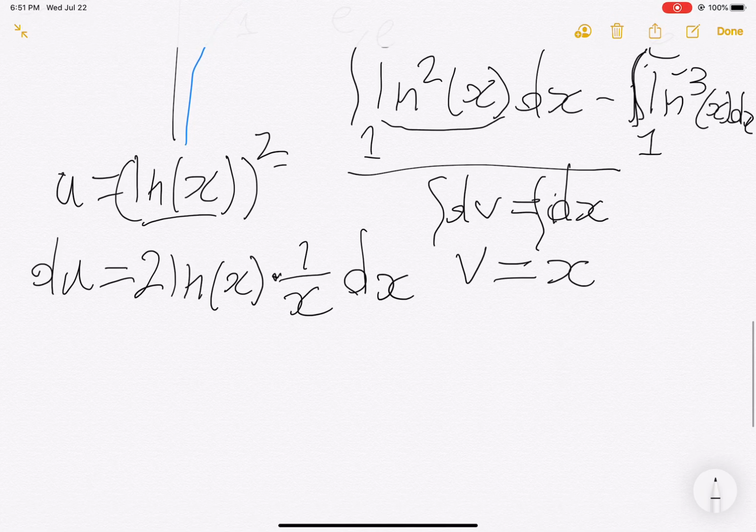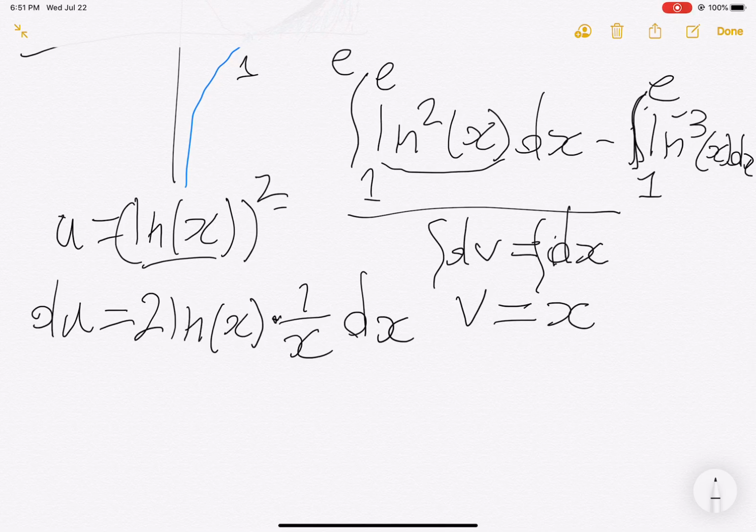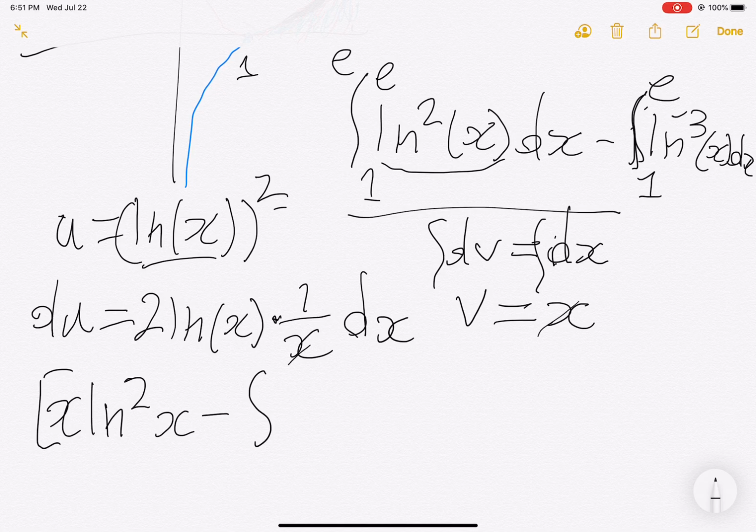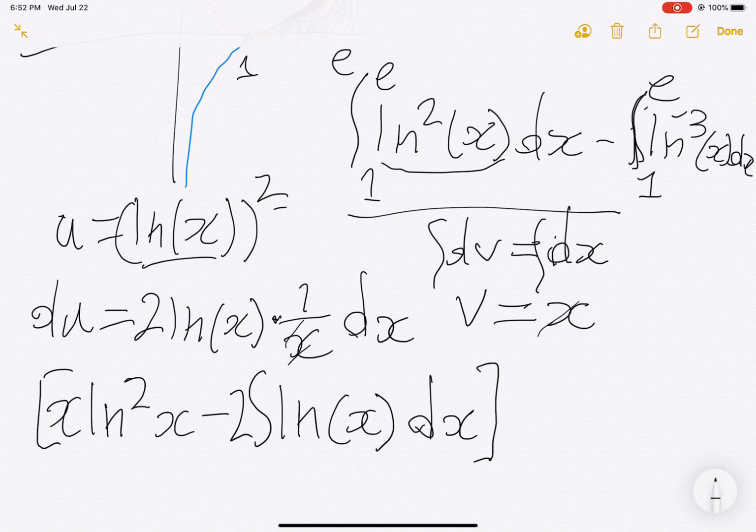So in general we get, in brackets, uv, x times ln squared of x, minus the integral of v du. So the x's actually cancel here, and we're left with, we can take out the constant too, and we have to integrate ln of x, simply, dx, and we evaluate this from 1 to e.